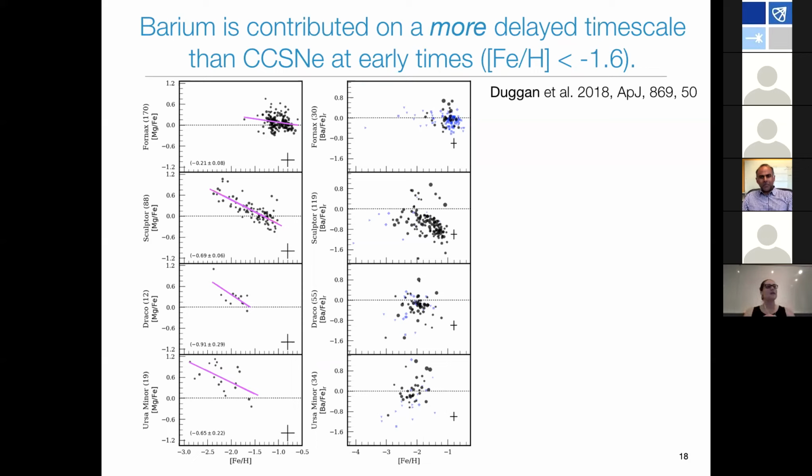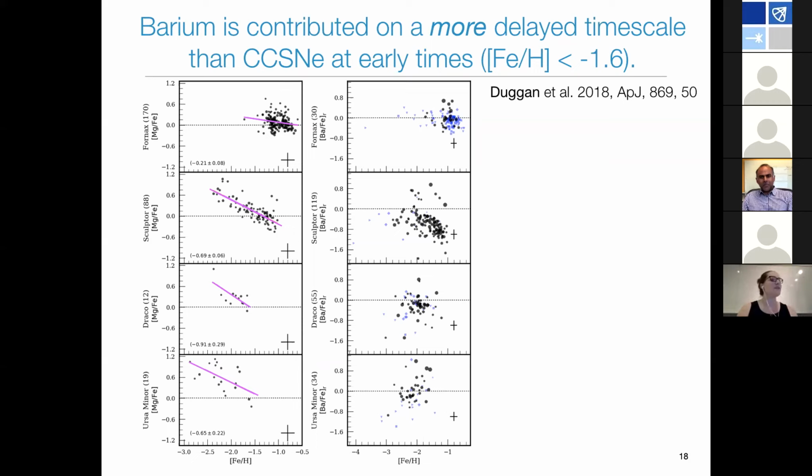because that means that we're taking into account effects of the star formation history and the gas inflow rates, and all of that is the same between the alpha to iron and barium to iron from the same galaxy.